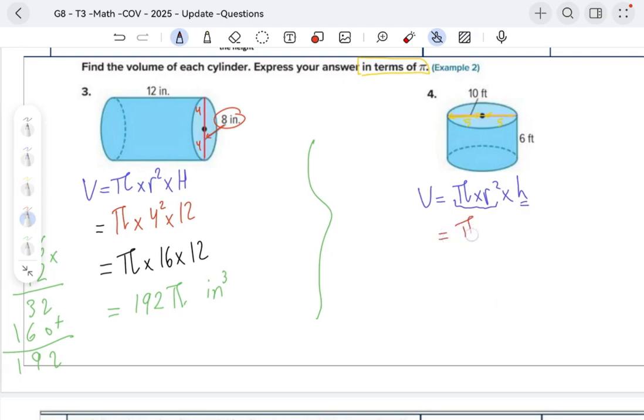The volume will be 5 squared times the height which is 6. 5 squared is 5 times 5 which is 25 times 6. Simplify more. 6 times 5 is 30. 6 times 2 is 12 plus 3 is 15. 150 pi, and the unit is feet cubed.